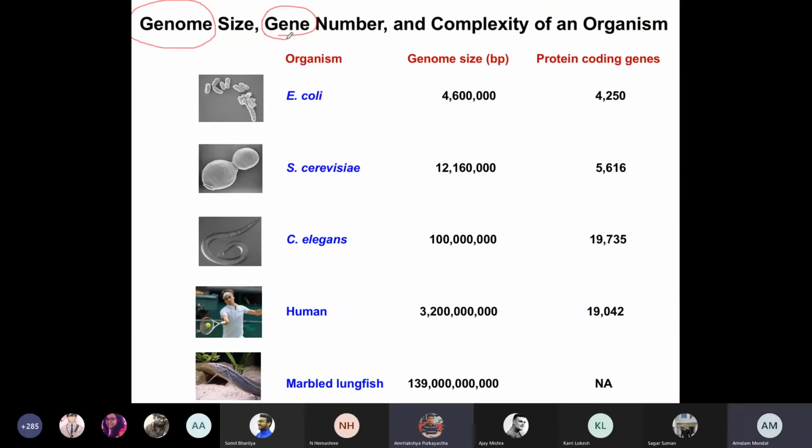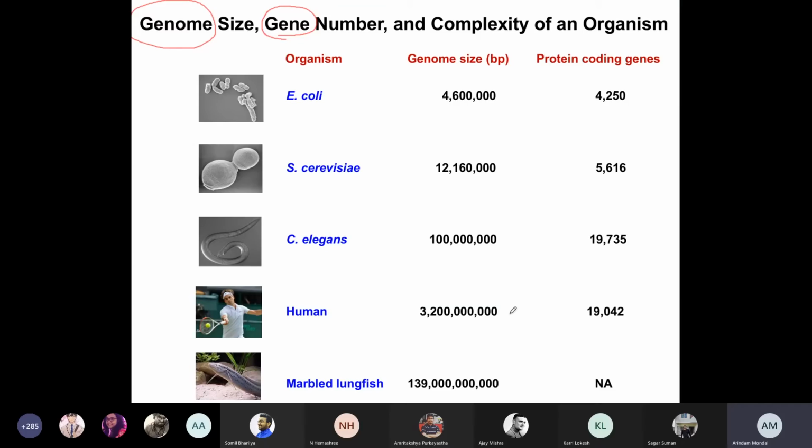What about the genome? So the complete set of DNA or the genetic material which one particular organism has is their genome. Human genome is composed of 3.2 billion base pairs, total 46 chromosomes. Okay, so the complete set of genetic information is known as genome.